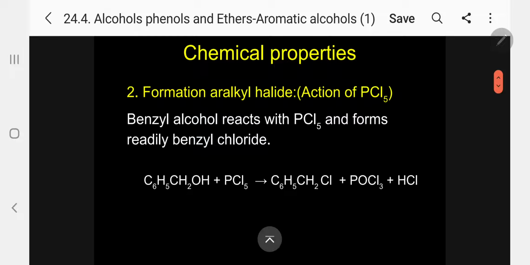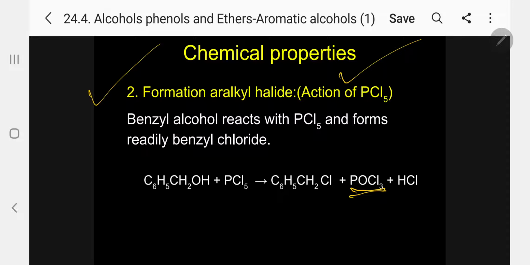The second important chemical property: formation of alkyl halide. Just like ordinary alcohol, it will be converted into the corresponding halide. The example, action of PCl5. We know already that whenever we use phosphorus pentachloride, phosphorus oxychloride is one of the products.